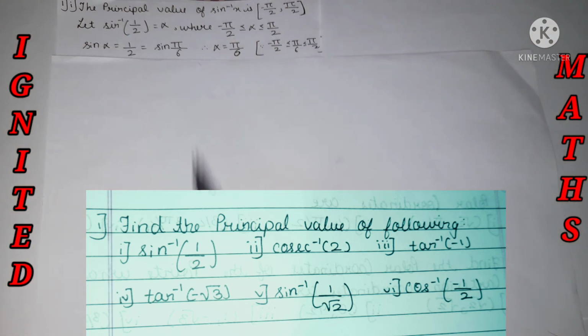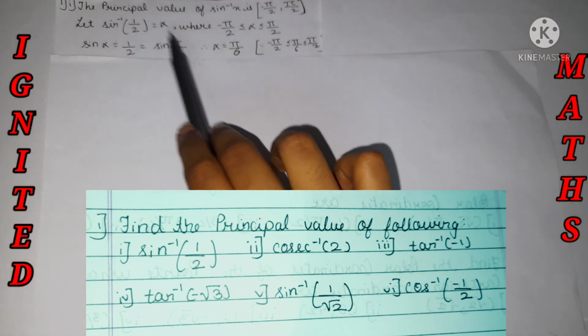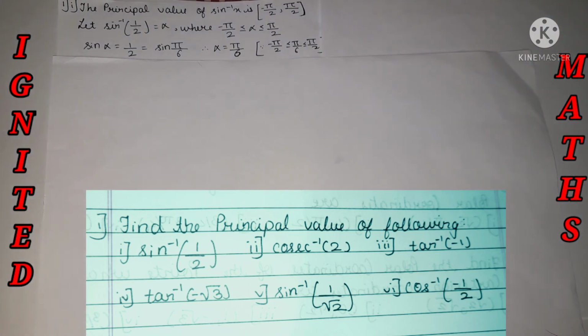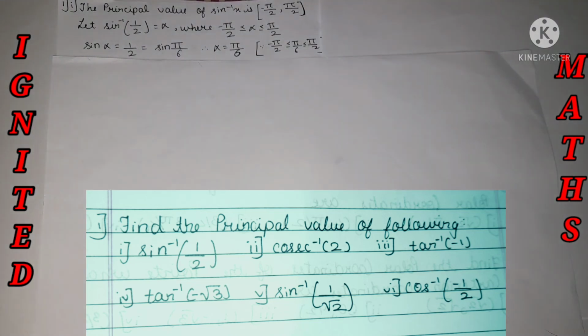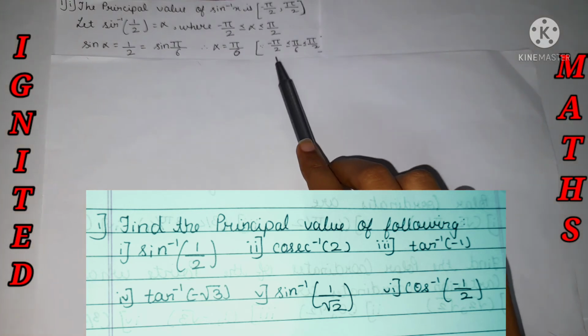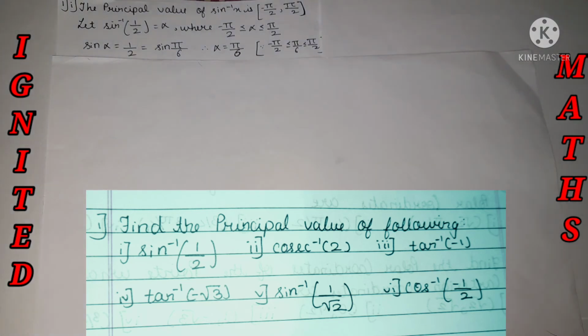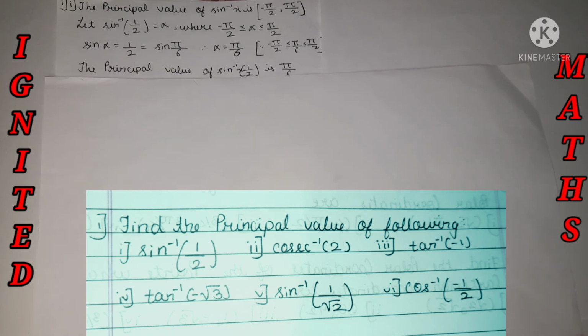According to the trigonometry tables, 1 by 2 is sine of pi by 6, so sine alpha is equal to sine pi by 6. So alpha is equal to pi by 6. Is it lying between minus pi by 2 to plus pi by 2? It's absolutely lying between minus pi by 2 and plus pi by 2. So the principal value of sine inverse of 1 by 2 is pi by 6.